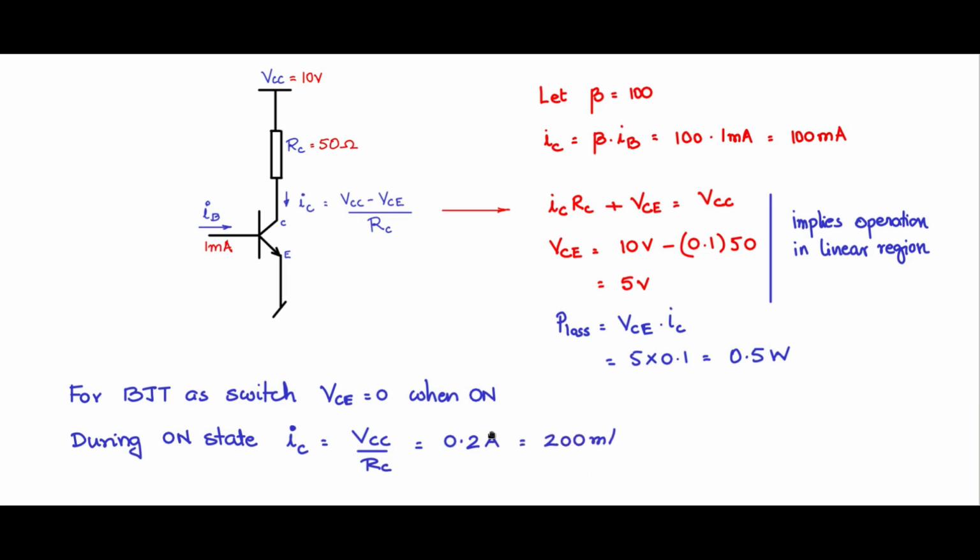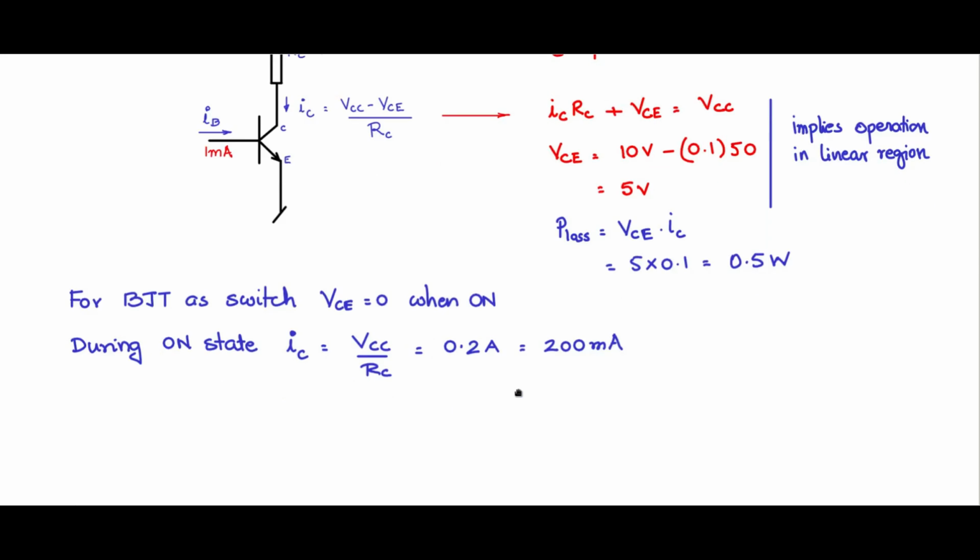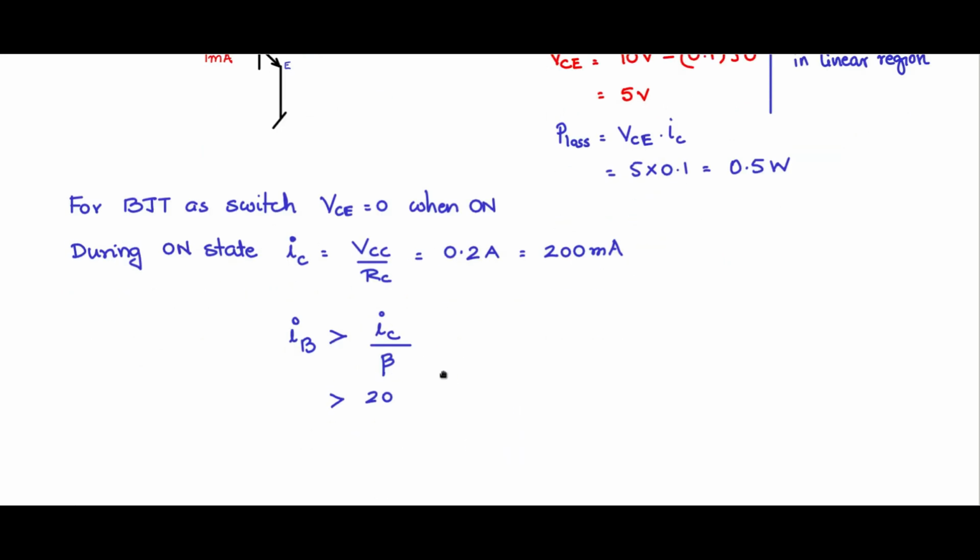Now for VCE to go to 0, which means that the transistor is going to full on state, the transistor has to saturate. So the IB that you are giving should be greater than IC by beta, or greater than 200 milliamps by 100, which is greater than 2 milliamps.